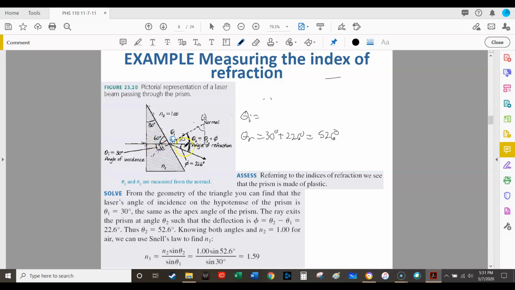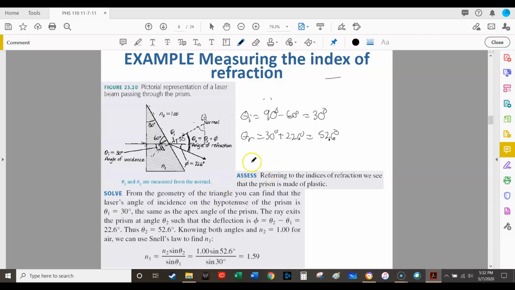Actually, no, it was coming in at this angle right here, which is just the same triangle, and we're given this is 60 degrees, but this whole thing is 90 degrees, so that is going to be 90 minus 60 degrees, which is 30 degrees. So it was coming in 30 degrees from the normal and leaving at 52.6 degrees from the normal.